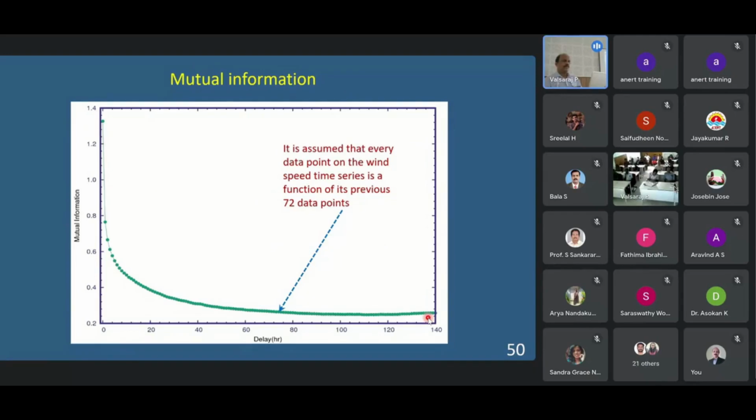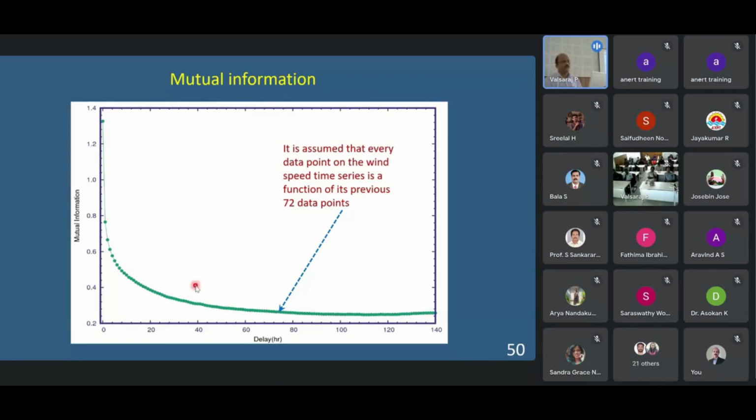Now we employed the mutual information technique to optimally select the number of data points to be considered for the training and testing. Mutual information between two random variables gives the level of dependency between them. In this case, how one wind speed is affected by its previous wind speeds.